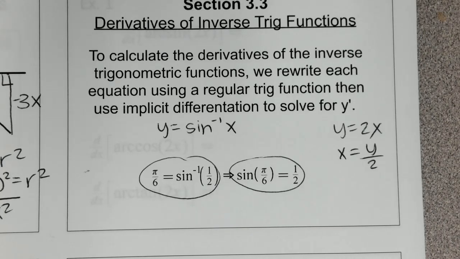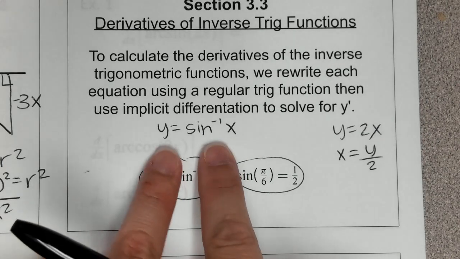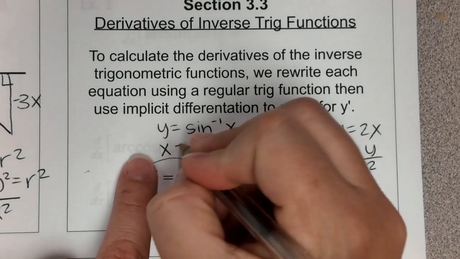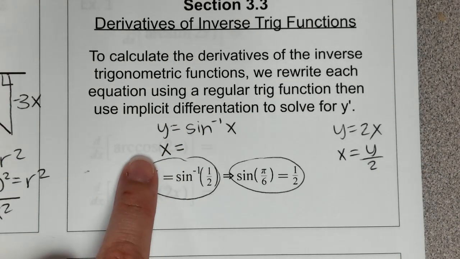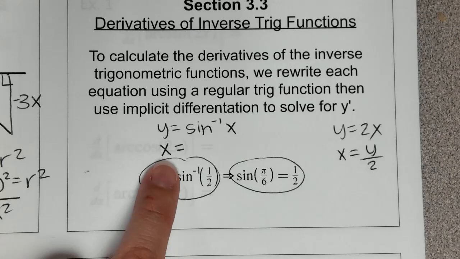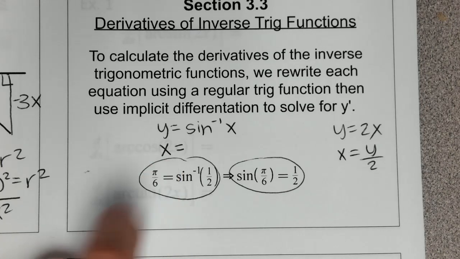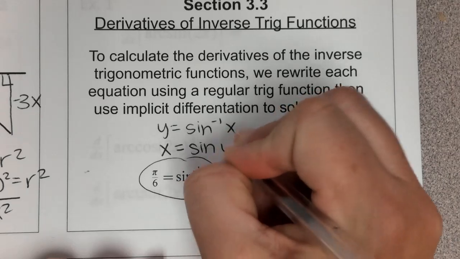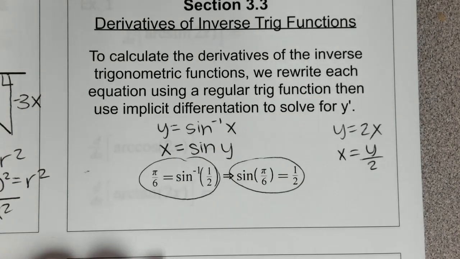Right? What's another way to write this equation? I'm sorry, let me rephrase. If I solve this equation for x, what would x equal? It would equal the regular sine of y. Yes.